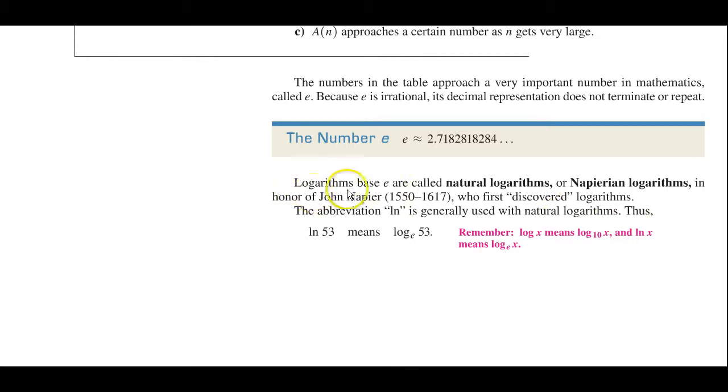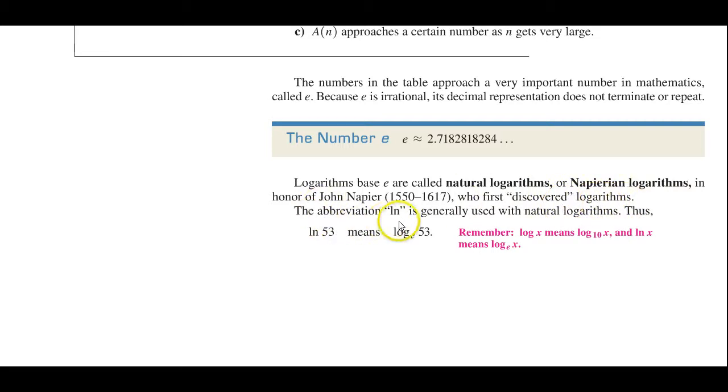So logarithms with base e are also called natural logarithms. And the n in natural often refers to John Napier, or Naperian logarithms, in honor of the man who first discovered logarithms.